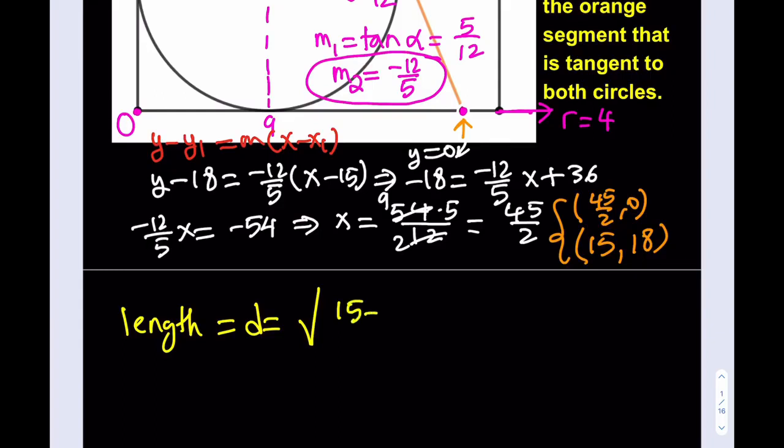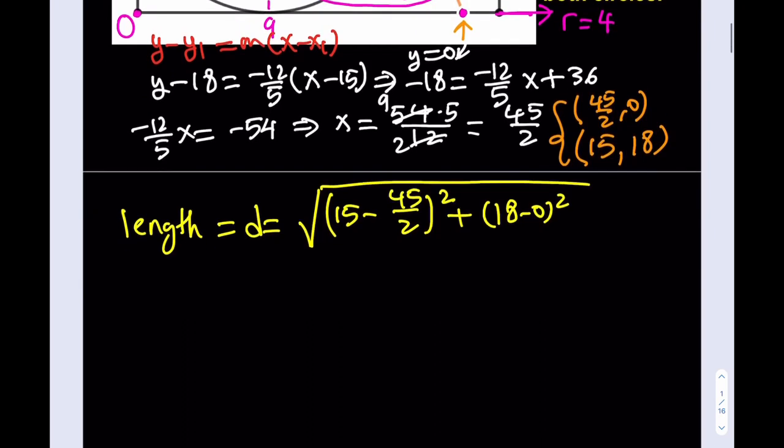And obviously 45 halves is greater, so it doesn't really matter which way you subtract, but let's go ahead and do it this way. So start with the second one because that's going to be positive anyways. And then that's going to be 18 minus 0 squared.